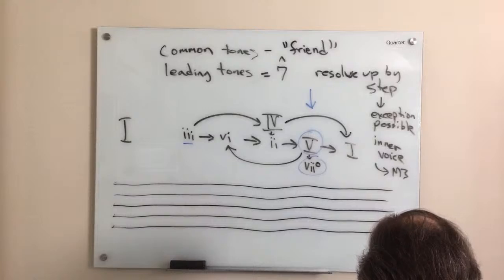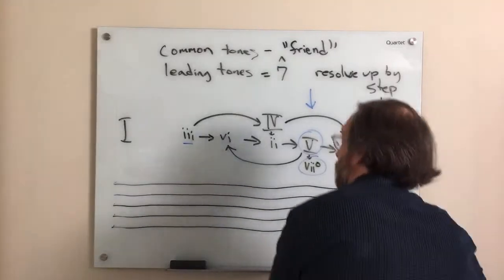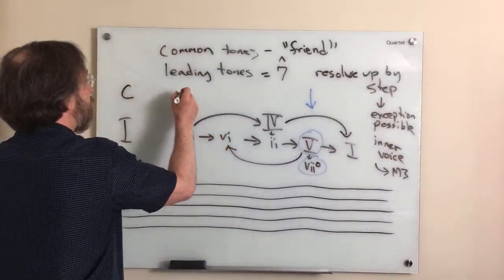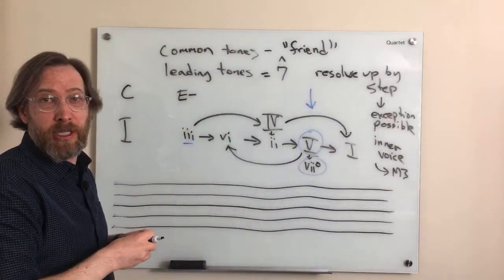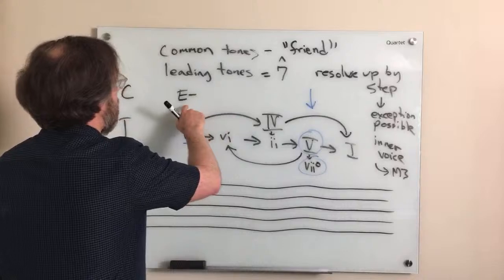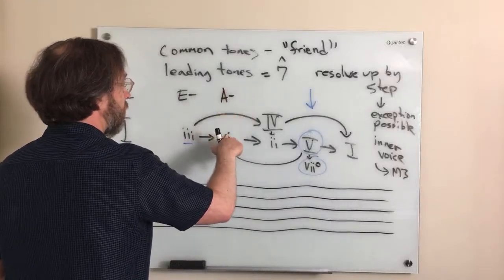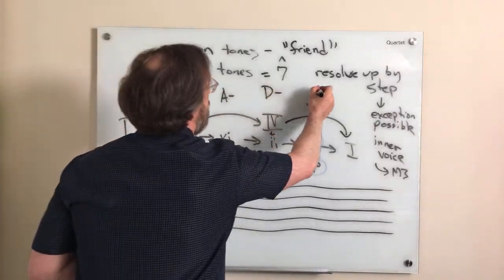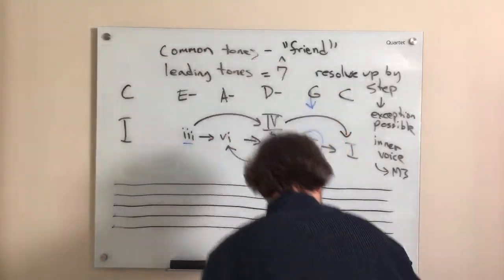The common tone I'm going to keep is the, again, if we're in the key of C major, and let me actually put it with lead sheet symbols for my jazz players and my rock players and guitar players. Lead sheet symbols is going to be a lot more comfortable. 6 is A minor. We're going to stick with the 2 chords, so it's going to be D minor, G major triad, C, right?